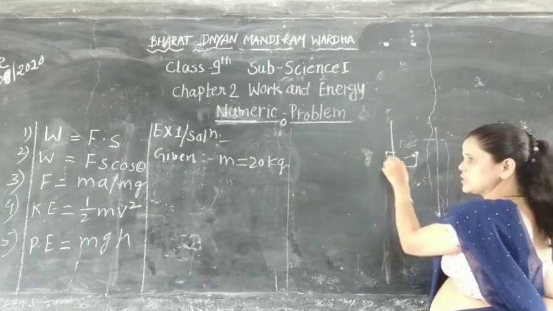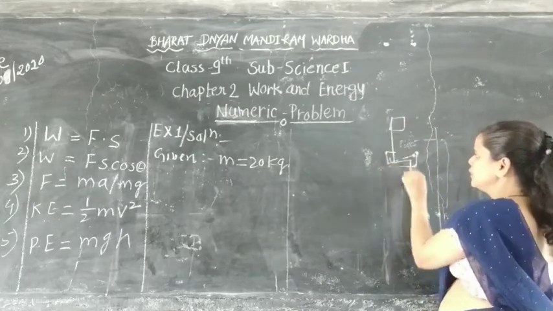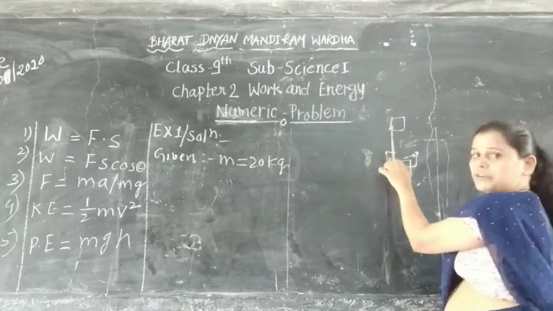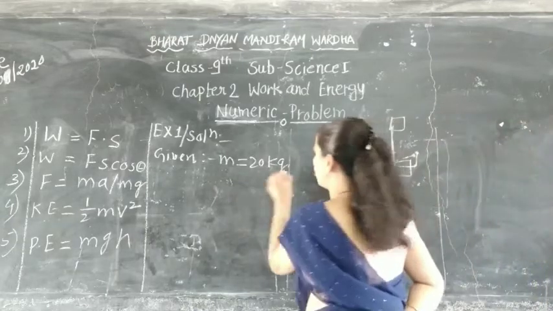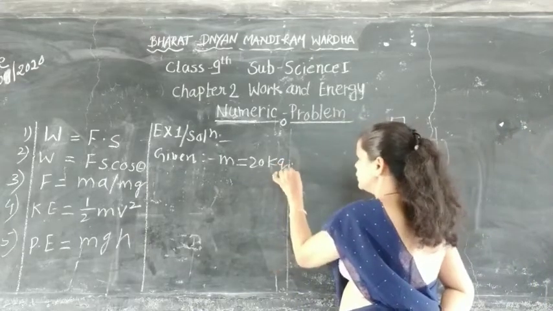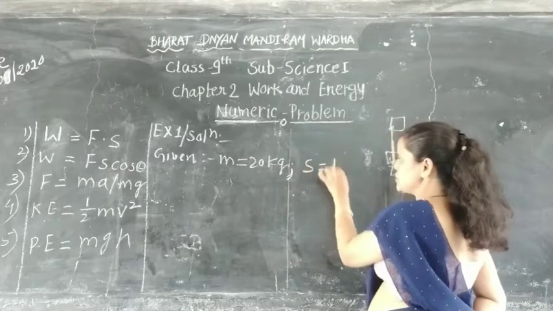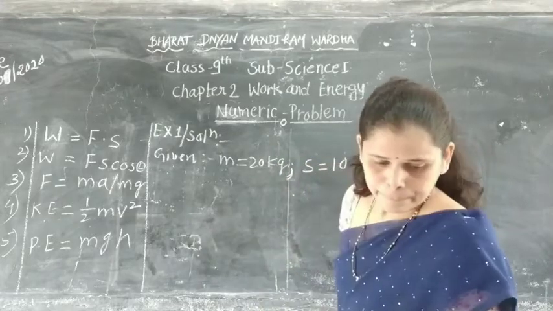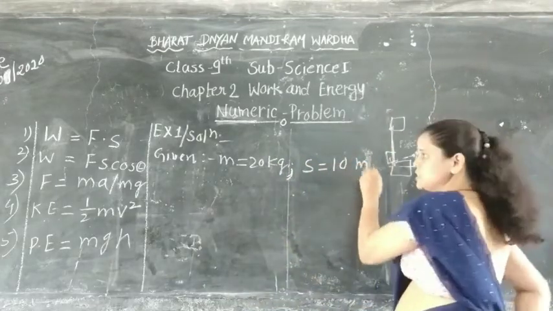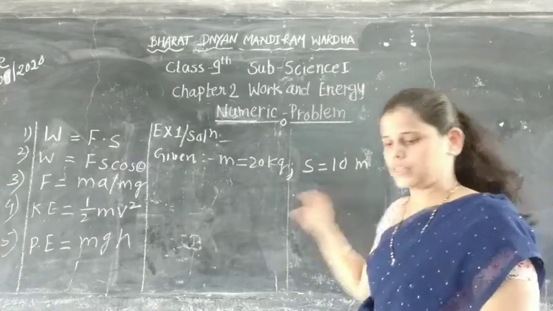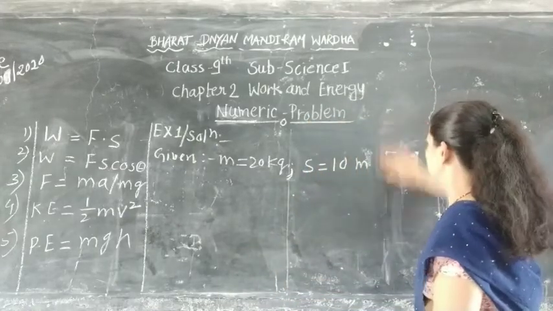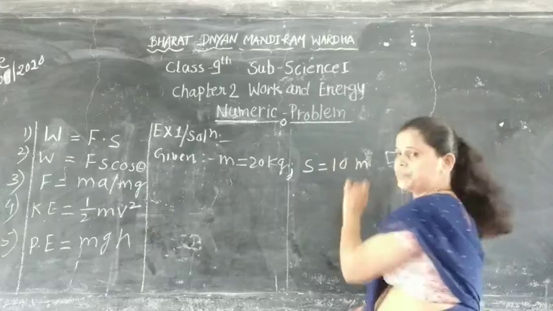If any object comes from top to down, then this height is given, that is displacement of the object, that is denoted by S, is 10 meter. Check the unit that is given, meter or centimeter. Understand? So displacement 10 meter is given.